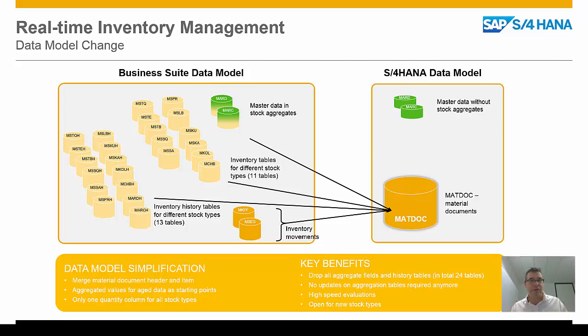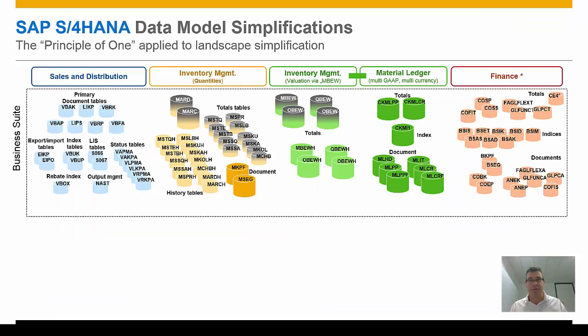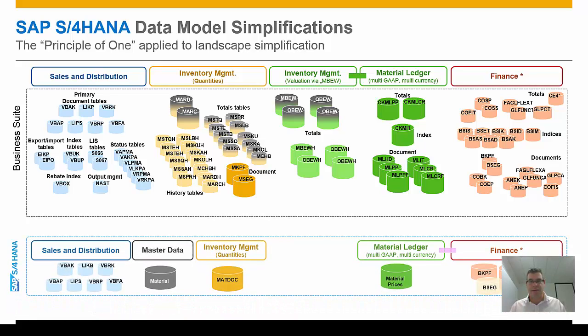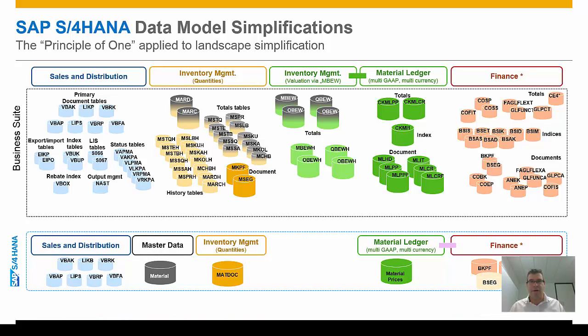Now, that's great for inventory, but when we look across, in this case, SD through to finance, we can see that we have multiple SD tables, inventory tables, finance tables, etc. And when we pour that into S4, what we now have is a far simpler and easier system in terms of fewer tables, fewer things to look at, obviously making life a lot easier.